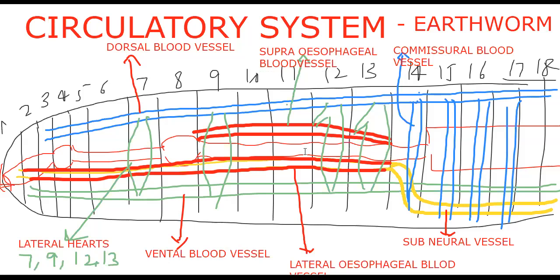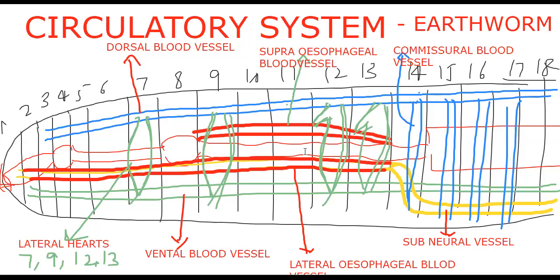This is very, very important: hearts are present in 7, 9, 12, 13. 7 and 9 are called lateral hearts. 12 and 13 are called lateral esophageal hearts.